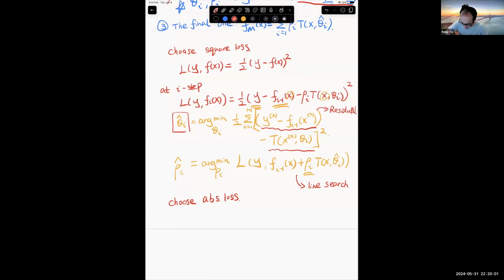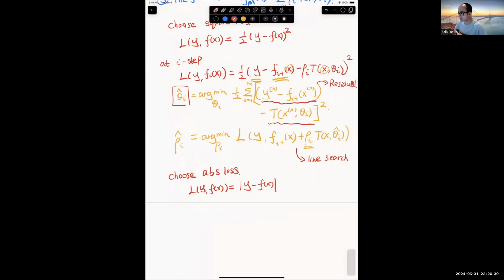So my loss looks like this, which is totally possible. But how can we update that? Then the update target is no longer the residual, so we are not trying to approximate the residual. If we use different losses, how can we update accordingly?